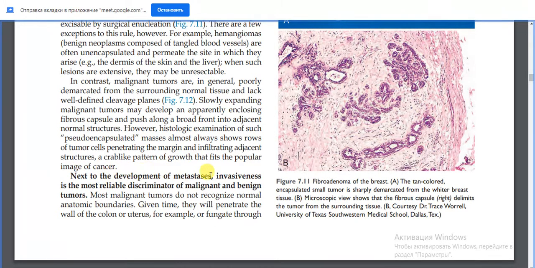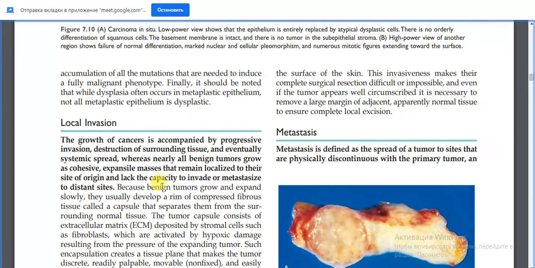Next to the development of metastasis, invasiveness is the most reliable discriminator of malignant and benign tumors. Why is this invasion important for clinicians? Local invasion shows that the tumor is already attempting to spread. Under the epithelial cell layer we usually have loose connective tissue, and in it we have blind-ended lymphatic capillaries.